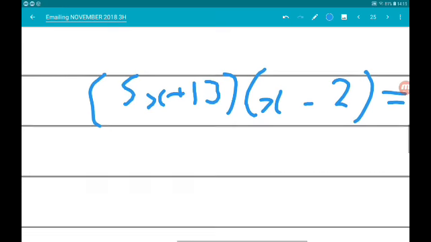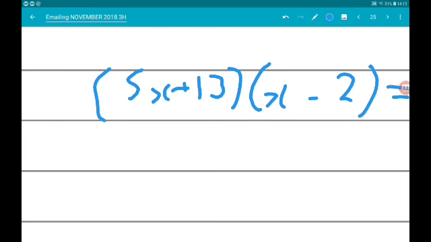The one that we care about is 5x add 13. So when you are solving quadratics from factorised form, you set whatever is inside a bracket equal to 0. So we get 5x add 13 is equal to 0.